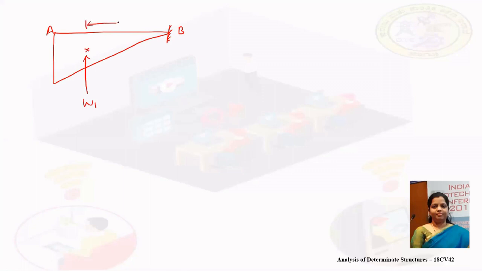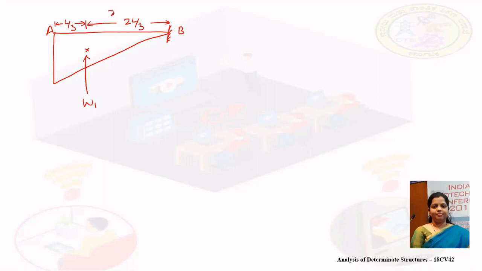Now, let us compute the deflection. So the CG of this triangular portion acts at this point at a distance of 2L by 3 from the fixed support.